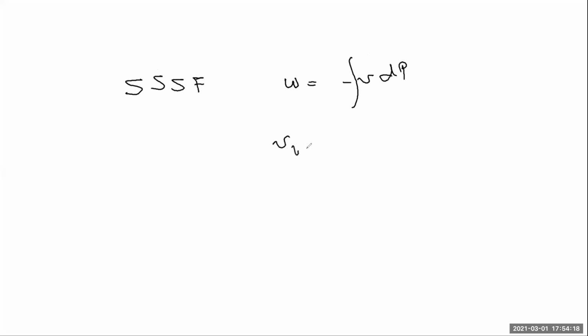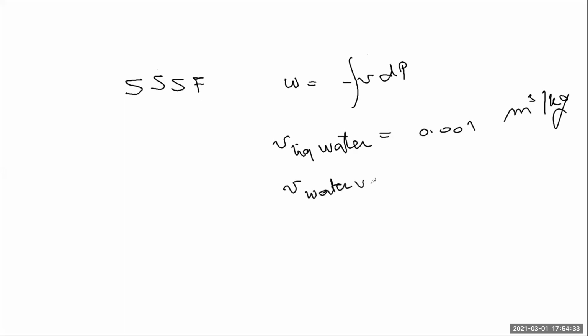The specific volume for liquid water is 0.001 cubic meter per kilogram. The specific volume for water vapor is in the order of 1 cubic meter per kilogram. It's 1,000 times the specific volume of the liquid water.